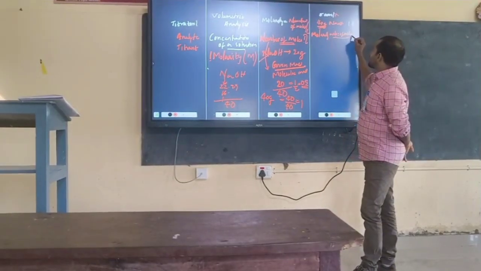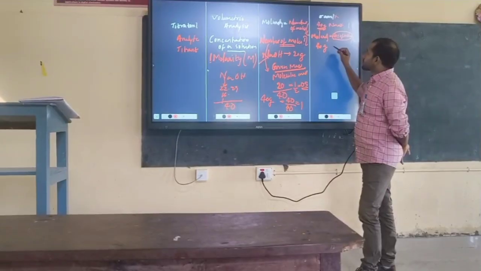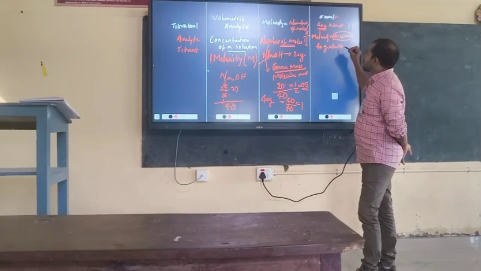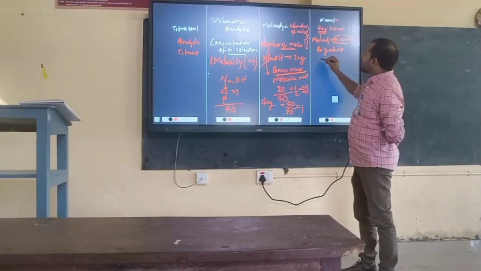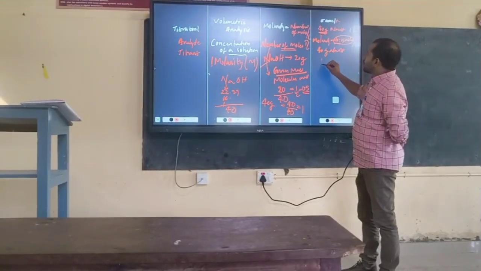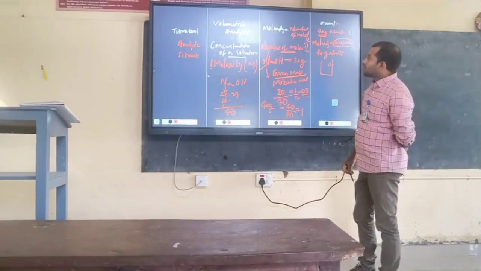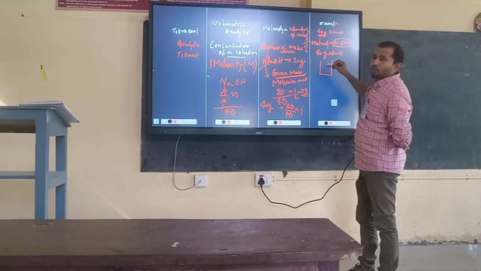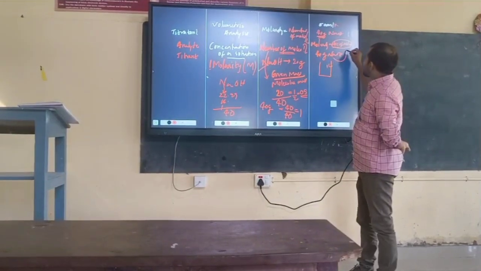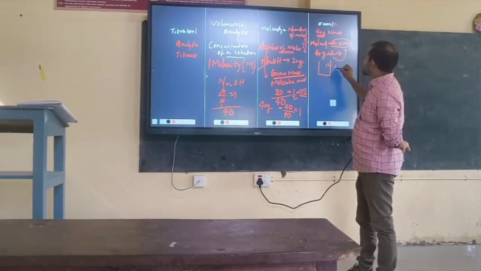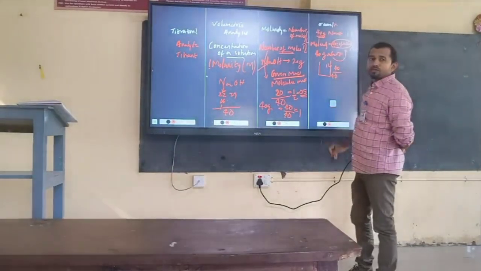We know molarity is number of moles per liter. If I have to find the molarity of 40 gram of NaOH dissolved in 1 liter of water, initially I have to calculate the number of moles. We have already discussed that 40 gram of NaOH, converted into moles, is 40 divided by 40, which is the molecular mass of NaOH.